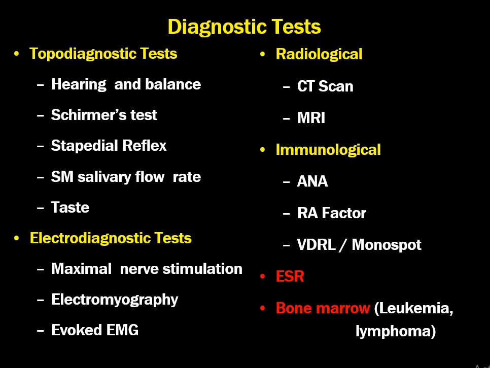They can be classified as maximal nerve stimulation, electromyography, and evoked electromyography, that is electroneuronography. Then radiological tests like CT scan, MRI, and immunological tests like ANA, RA factor, VDRL, Monospot test, ESR, and bone marrow to identify leukemia or lymphoma if present.